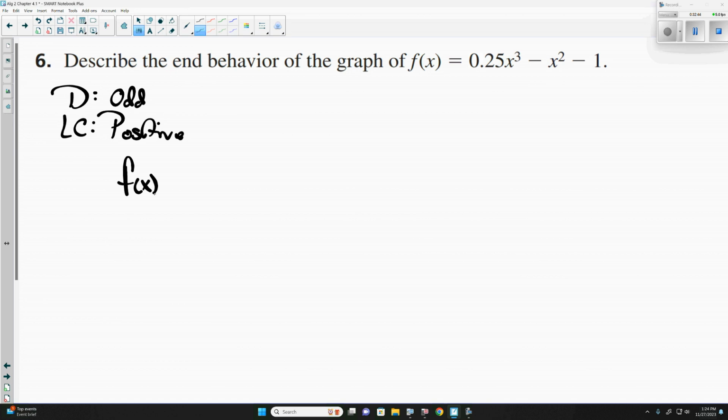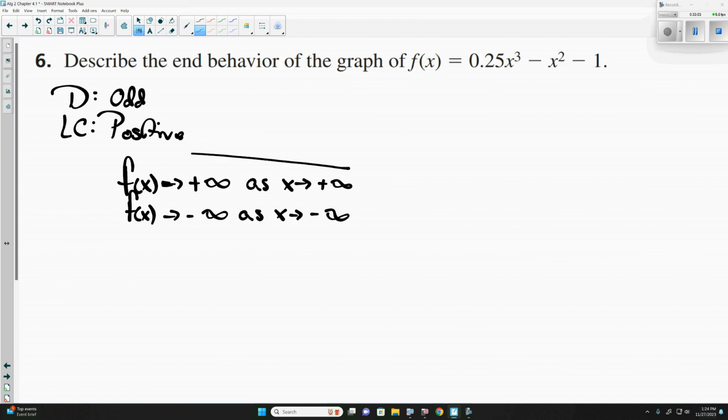If we look at the chart, f of x approaches positive infinity as x approaches positive infinity, and f of x approaches negative infinity as x approaches negative infinity. And I think the biggest takeaway from end behavior is it gives us an idea of what the function should do as the values increase from the left to the right.